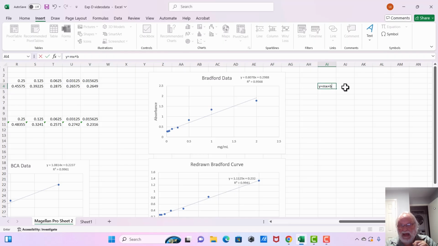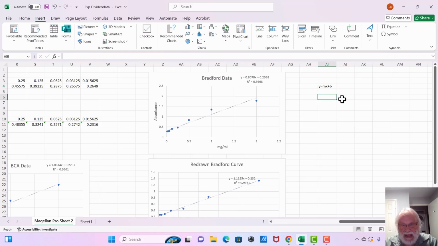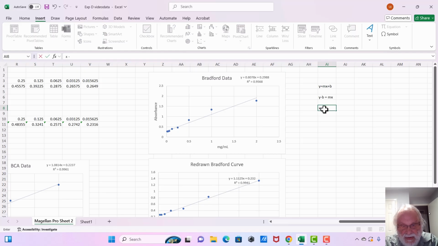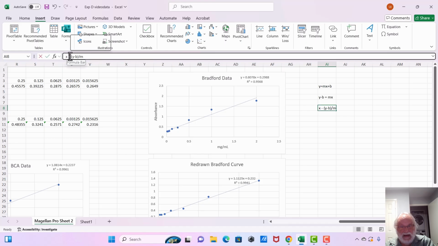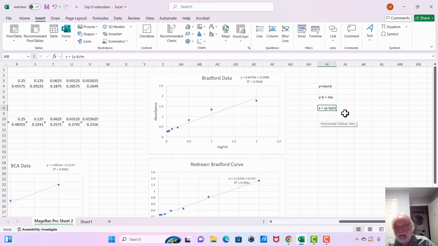Well, if we want to solve for x, the first step I would do along the way is y minus b is equal to mx. And then if we want to solve for x, x is equal to the quantity y minus b divided by m. So that's the equation we're going to use for determining concentration. Oh, I hit the minus sign there instead of the plus. But here it is. So that's the equation we have to remember.